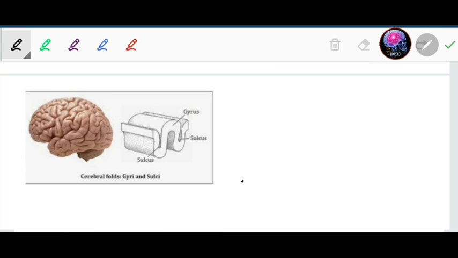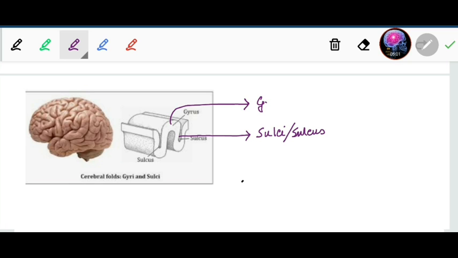As I have already told, due to folding of the cortex, gyri and sulci are created. Sulci are the fissures and gyri, or in singular gyrus, are the ridges or elevations.